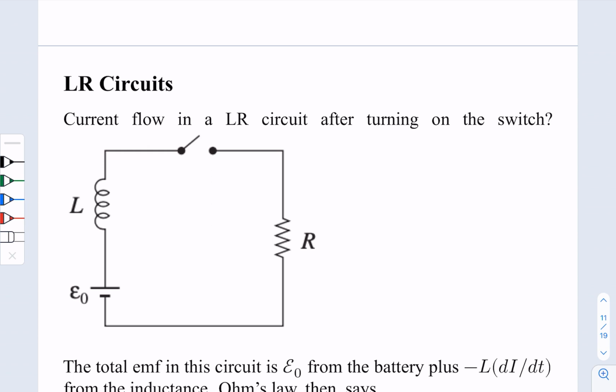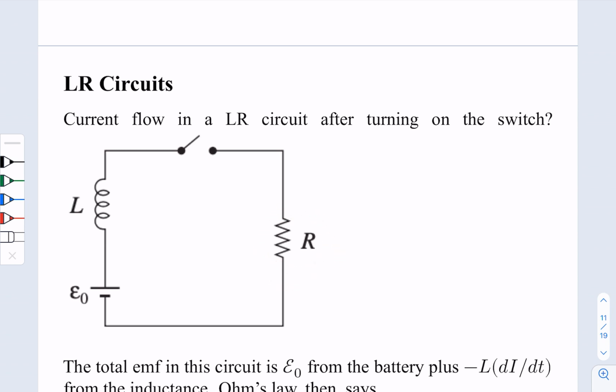It could be small, but sometimes it can be large. And you can deliberately add some self-inductance into this circuit. So for a typical circuit, we must have some sort of inductance here, and it also has some internal resistivity.